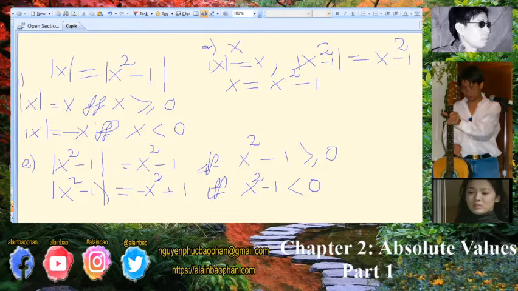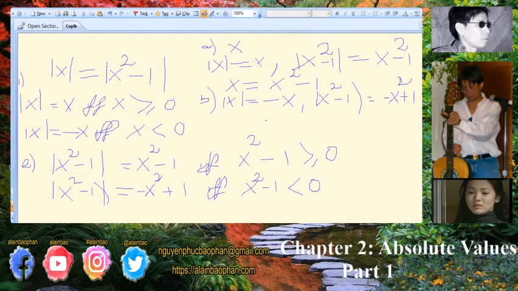Okay, so now we have absolute of x, case b, absolute of x equal minus x. Then we use absolute of x square minus 1 equal minus x squared plus 1.